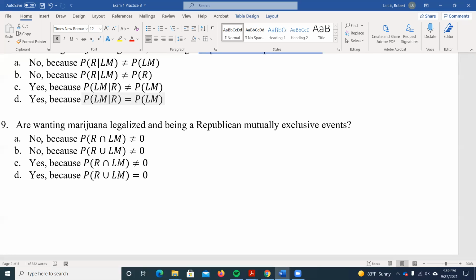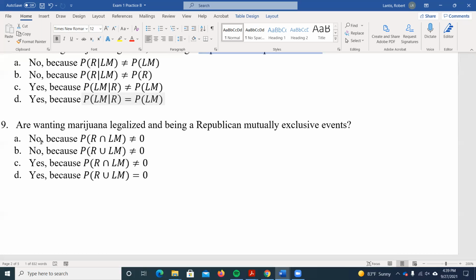Now C makes a little bit of sense, and we're looking at the intersection. But if in fact they were mutually exclusive, what would the intersection have to be equal to? So this answer actually doesn't make sense. So we could rule out C and D right away. In fact, we could rule B out too. None of the other three make sense for the definition of what mutually exclusive is.